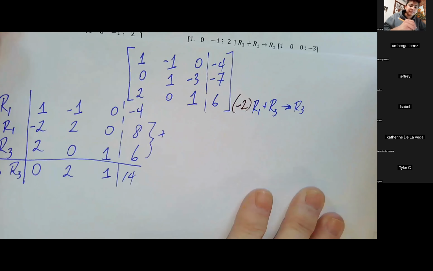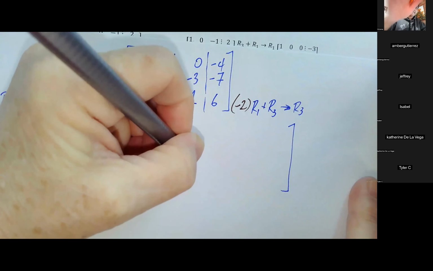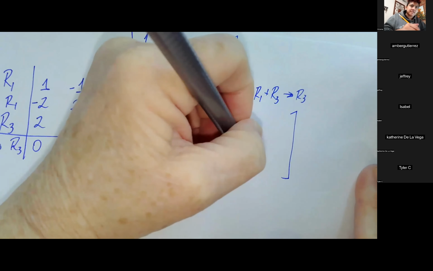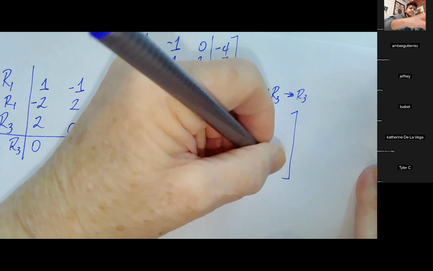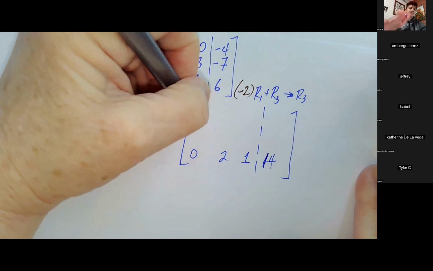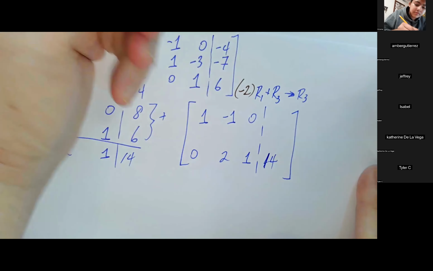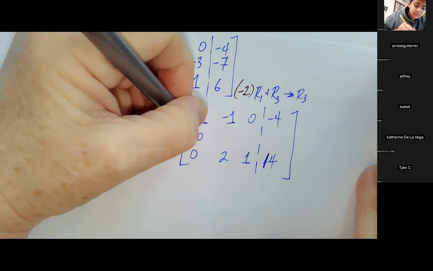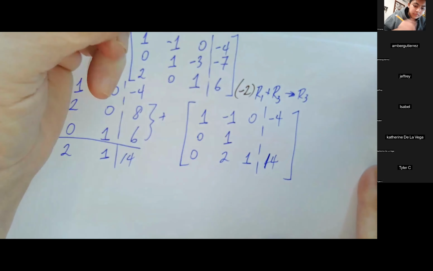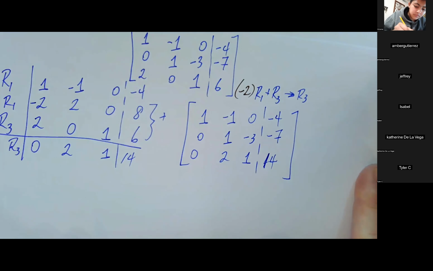Good. We still have 1, -1, 0, -4 for row 1, and 0, 1, -3, -7 for row 2.